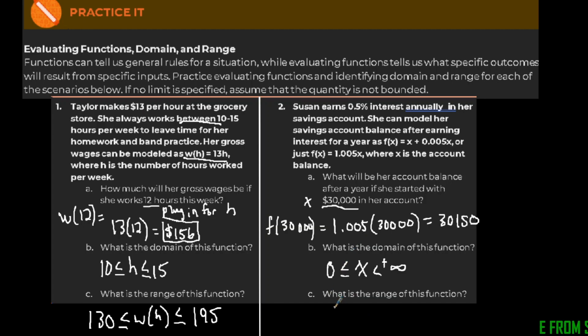Meaning f of x, x is what is in the account, so this would be the same idea. You can say 0 less than or equal to f of x less than positive infinity as well. So similar idea, again, we're finding domain is x values and range is those y values, meaning f of x.